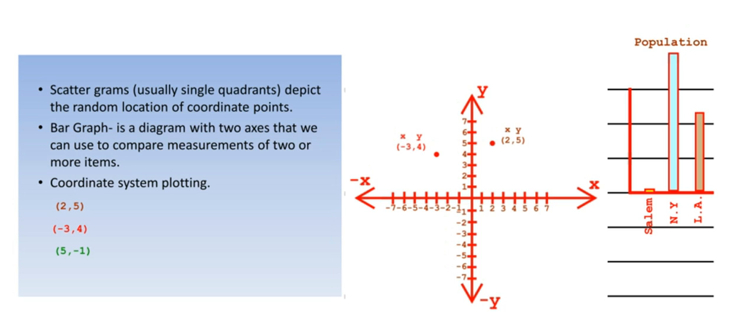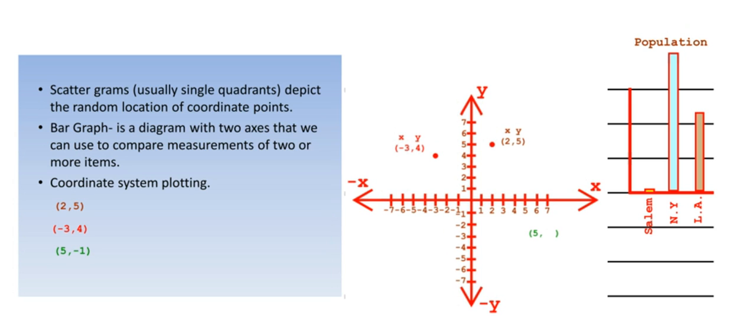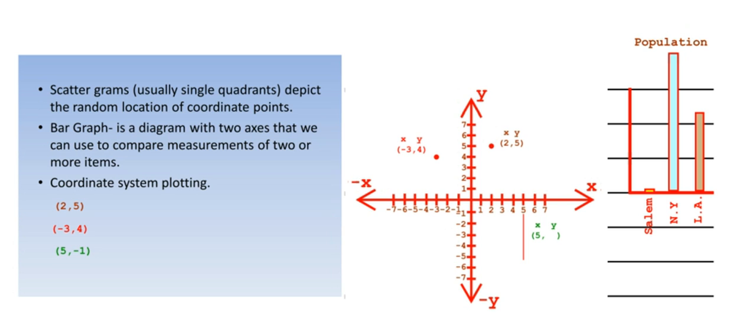Okay, let's try one more. 5, -1. Well, in this case, it implies that 5 is the x value, a positive x value, and -1 is the y value. So that means we're in quadrant number 4. Okay, so let's go. Quadrant number 4, x is 5. There it is, x is 5.